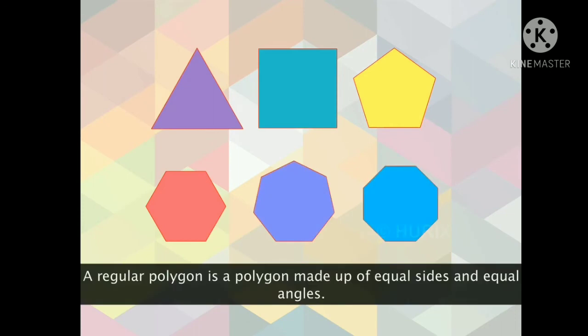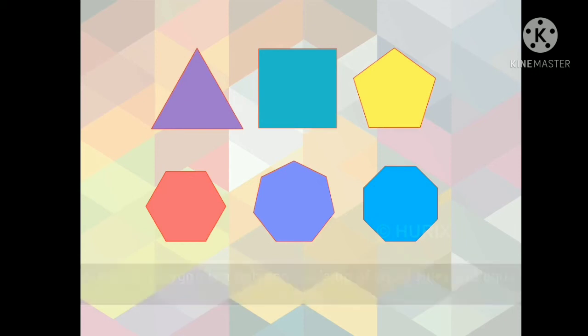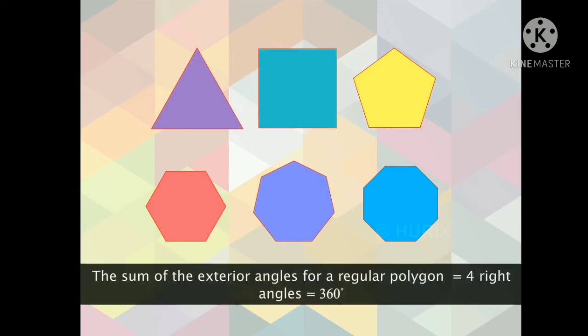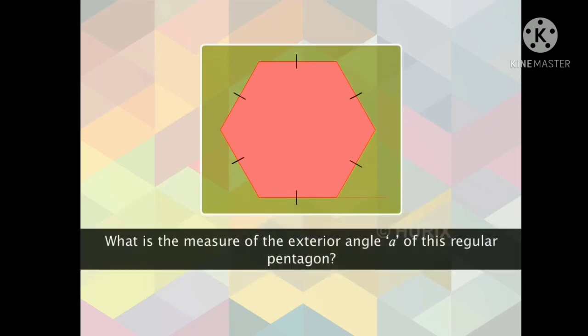Recall all the sides and angles in a regular polygon are equal. The sum of the exterior angles in a polygon is 360 degrees. Suppose we have a regular hexagon. How much would be the measure of each of its exterior angles?